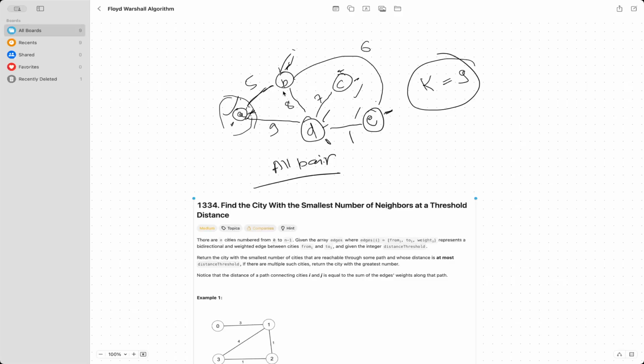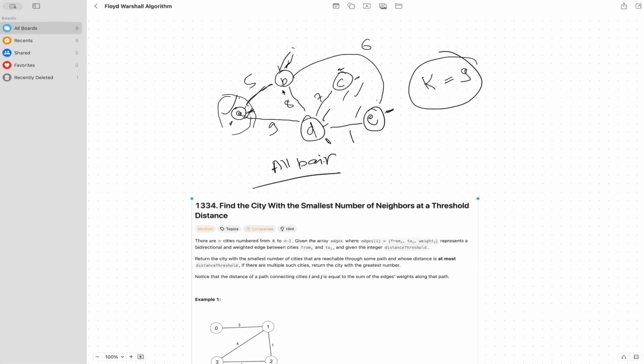So baseline, for every given node, I have to find out the shortest distance to all other nodes, if that is the game. Now, one solution can be that I will run my simple Bellman-Ford algorithm for every node as my source node, right?